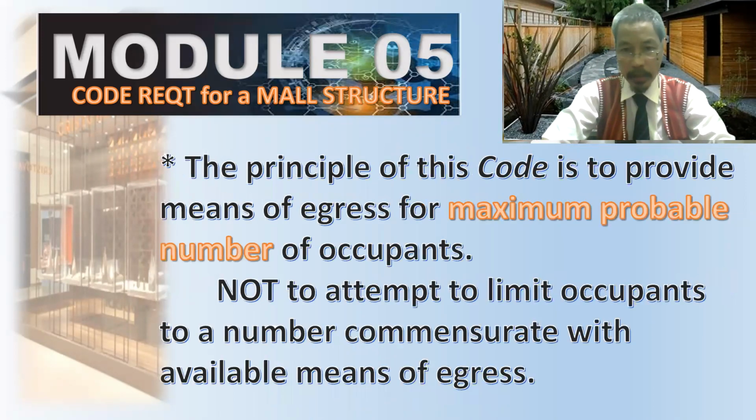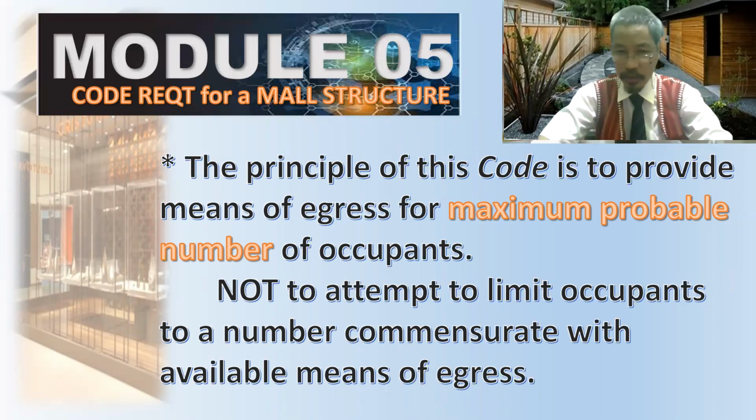Okay, so next is the principle of this code to provide means of egress for the maximum probable number of occupants and not to attempt to limit occupants to a number commensurate with available means of egress.